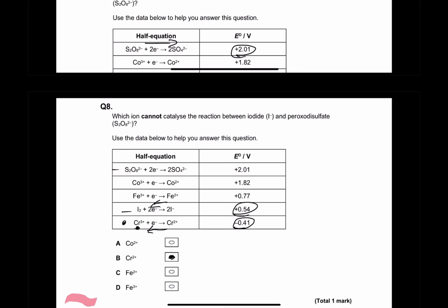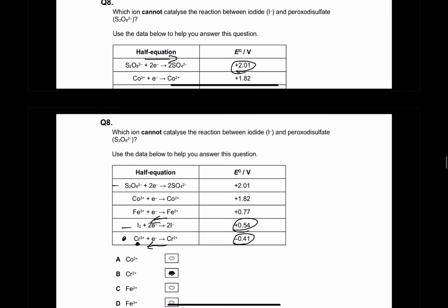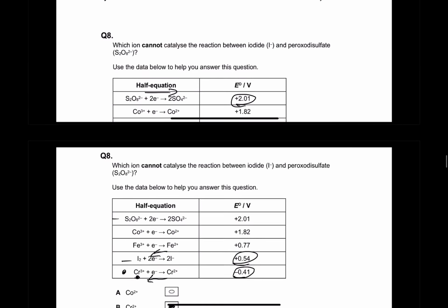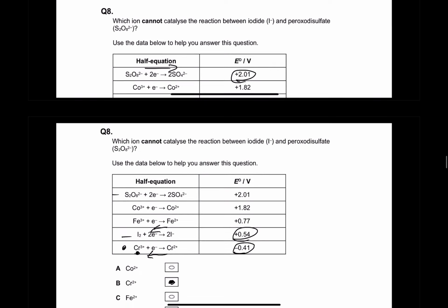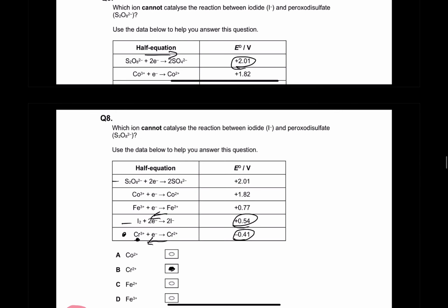Because this reaction would assume it's going in the backwards direction. Because you're trying to catalyze the reaction between this, right? So you want to oxidize I minus. You want to oxidize I minus.